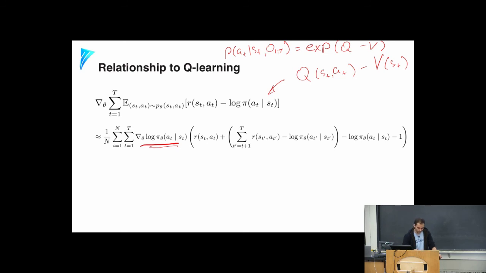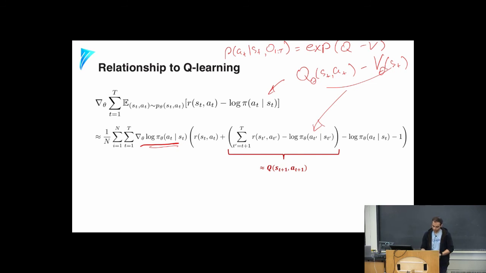So now we're going to plug these in here. We'll assume that log pi_theta(a_t|s_t) is coming from the difference between the two, and we'll put parameters theta here and theta there.